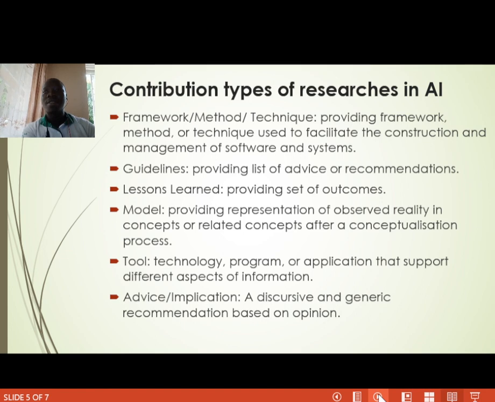And then the fourth is models, which provide a representation of observed reality in concepts or related concepts after a conceptualization process. Then we have tools that include technology programs or applications that support different aspects of information. And then the last in this contribution is advice or implication, where the discursive and generic recommendations are based on the opinion of the researchers.